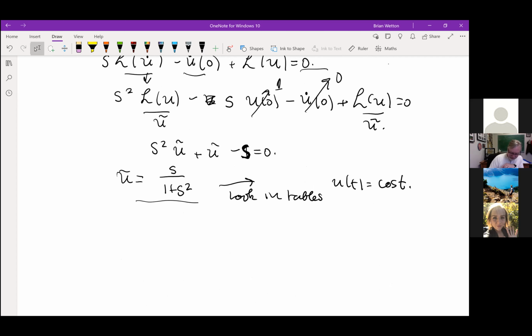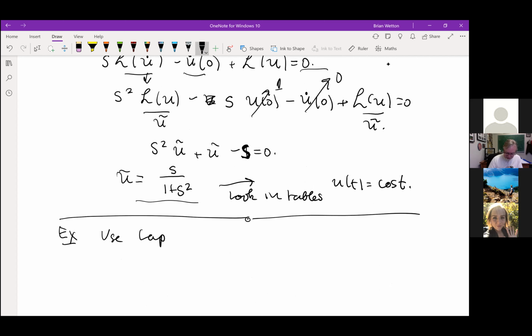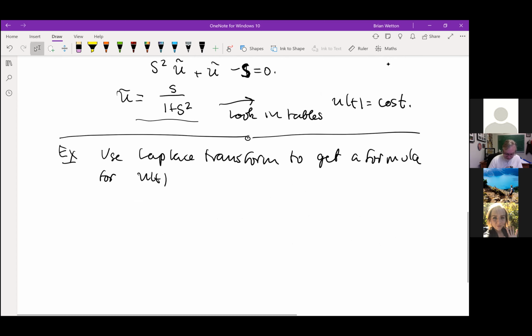Okay, and just to go back and look at one of the things that we started with near the beginning of term, let's use the Laplace transform to get a formula, which will involve convolution, for u of t that solves the following problem.